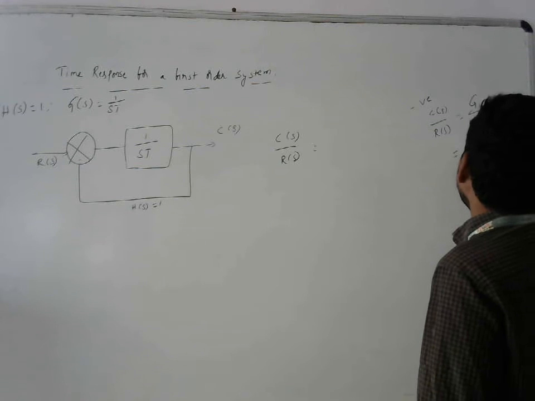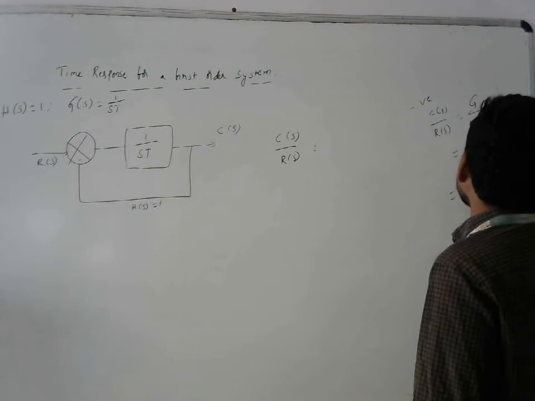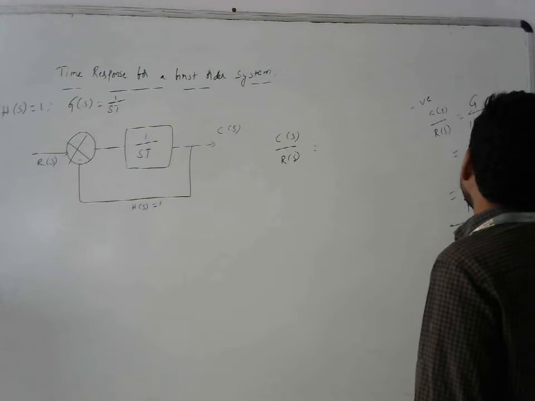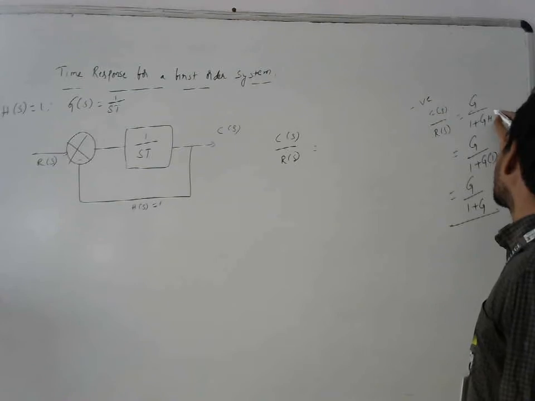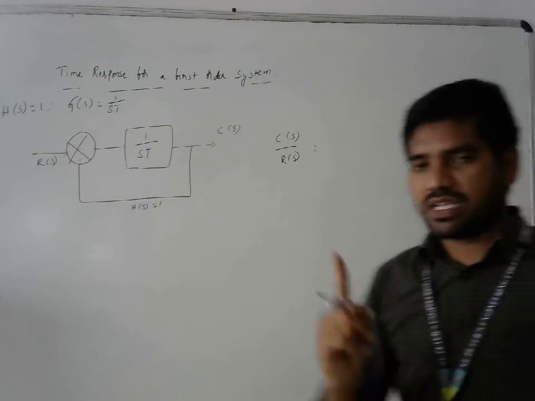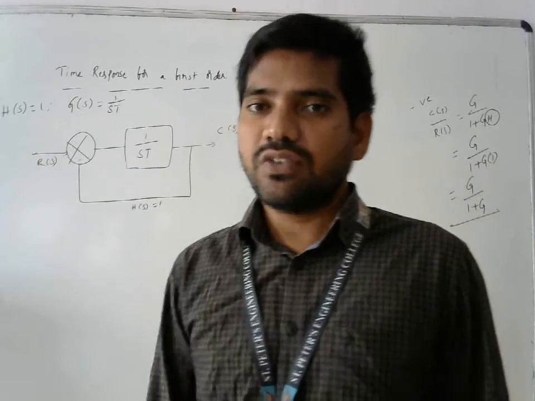Here, what is the value of H? 1 plus G into 1. That is nothing but the transfer function G divided by 1 plus G. It is a unity feedback, so in the place of H we need to substitute 1.